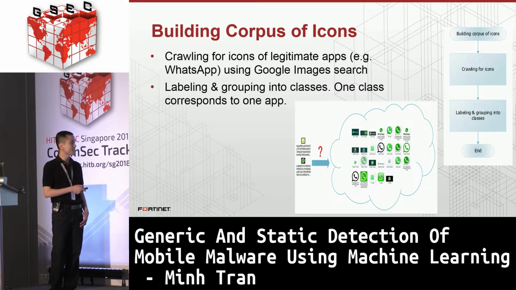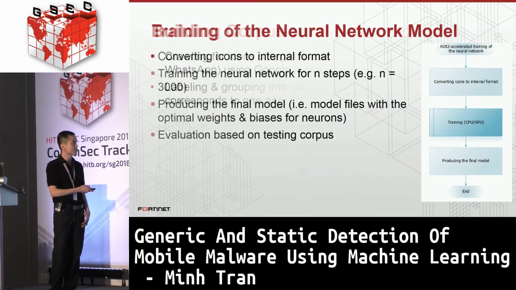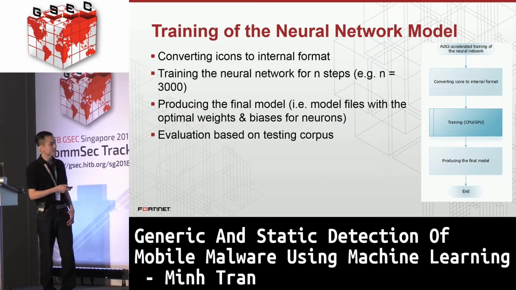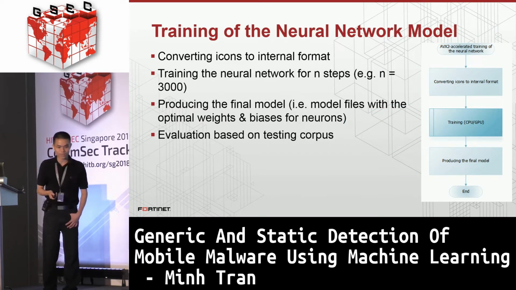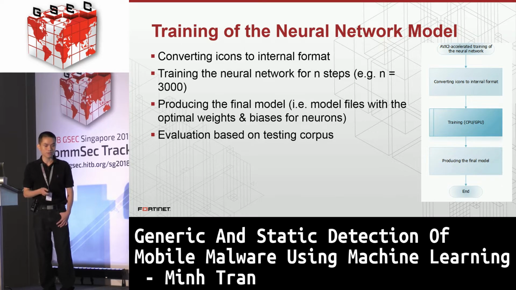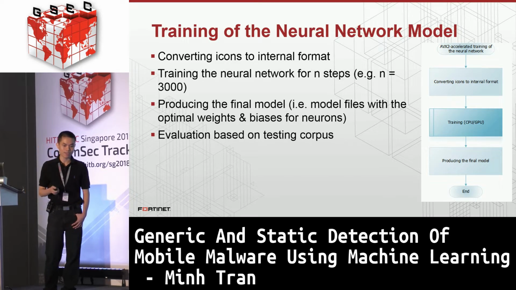And so at the end, you have a folder, each corresponding to one class, and then it comes to the second stage, which is the training of this neural network. TensorFlow already has the code to convert that into internal format, so you can do that. Then training the neural network is very intensive.